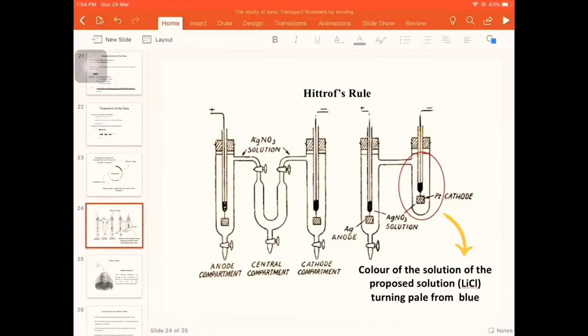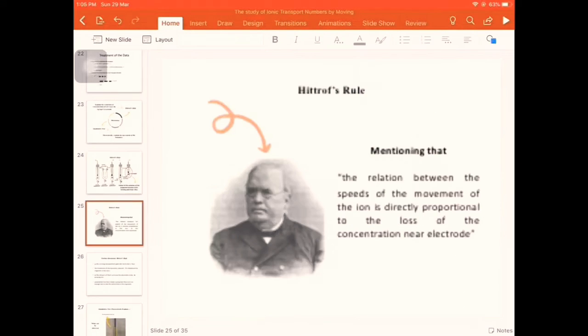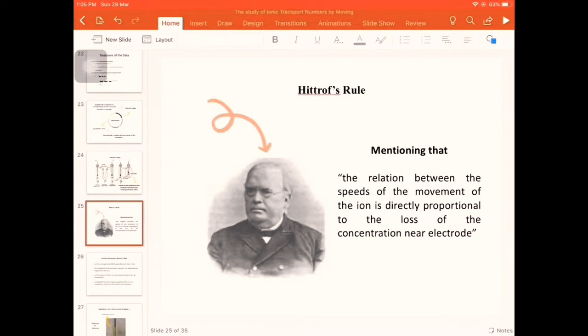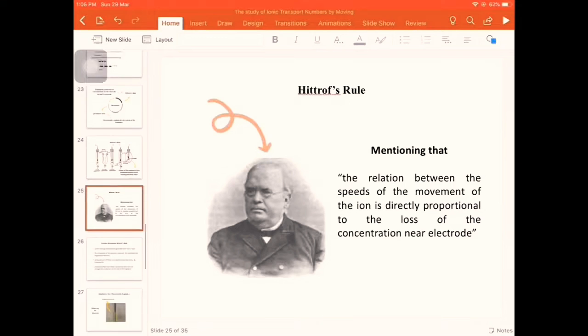And we propose that this is maybe because of the migration of the ion. So you can simply say, by mentioning Hittorf's rules, the speed of the movement of the ion is directly proportional to the loss of concentration near the electrodes.